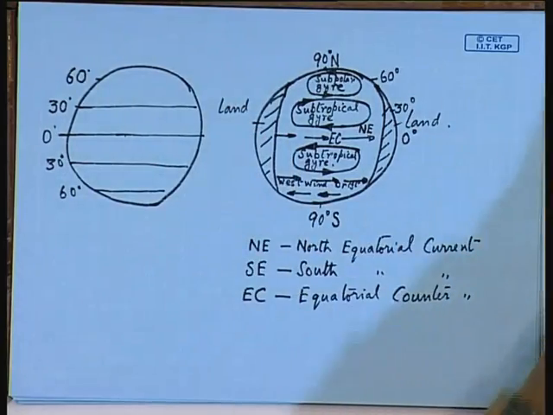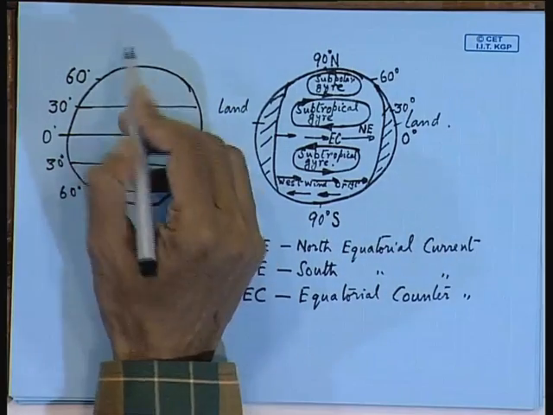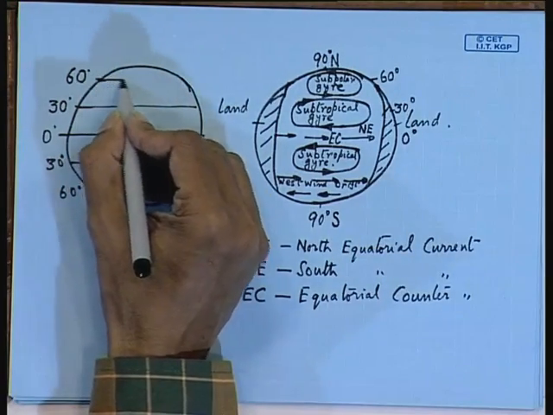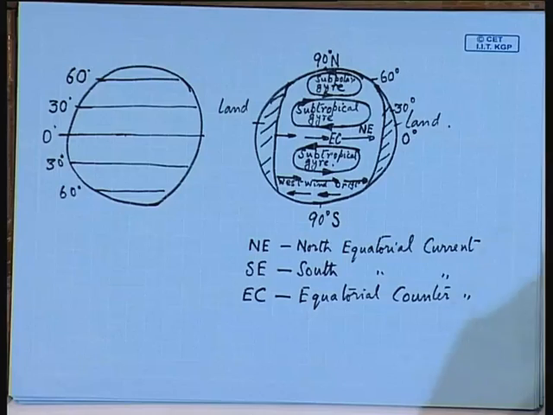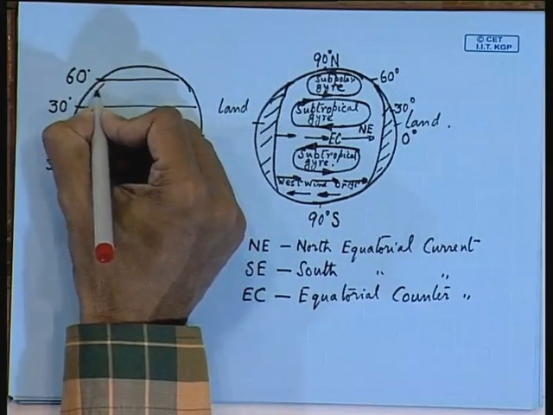Now, here actually you have the wind pattern. Sorry, 60 degrees here. The wind is coming from this direction.